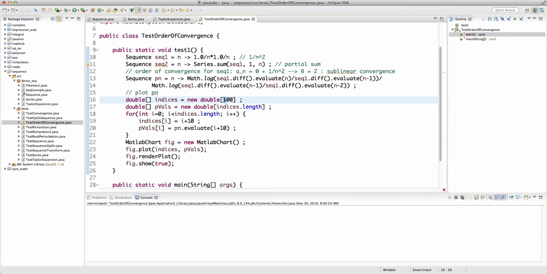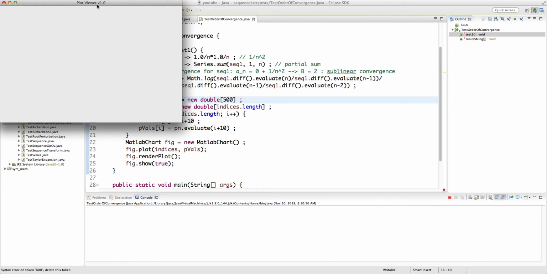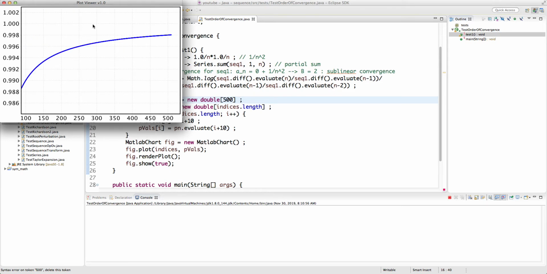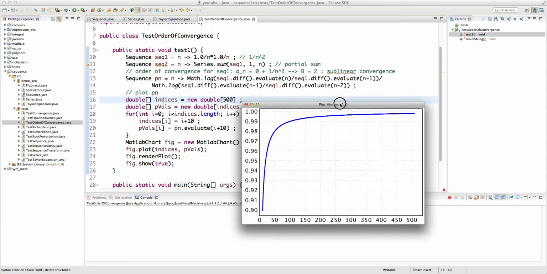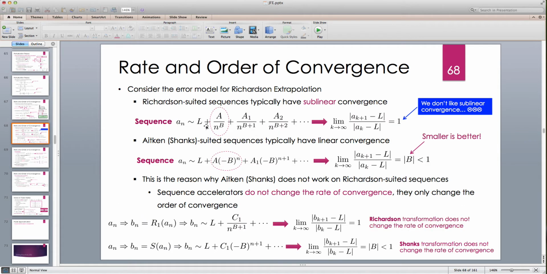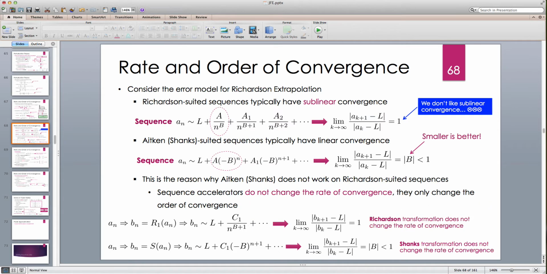Let me go to 500, for example, and run this. Yeah, it approaches 1 as we expect. The definition of order of convergence and this b in the error model are not exactly the same, so it depends how you define this.